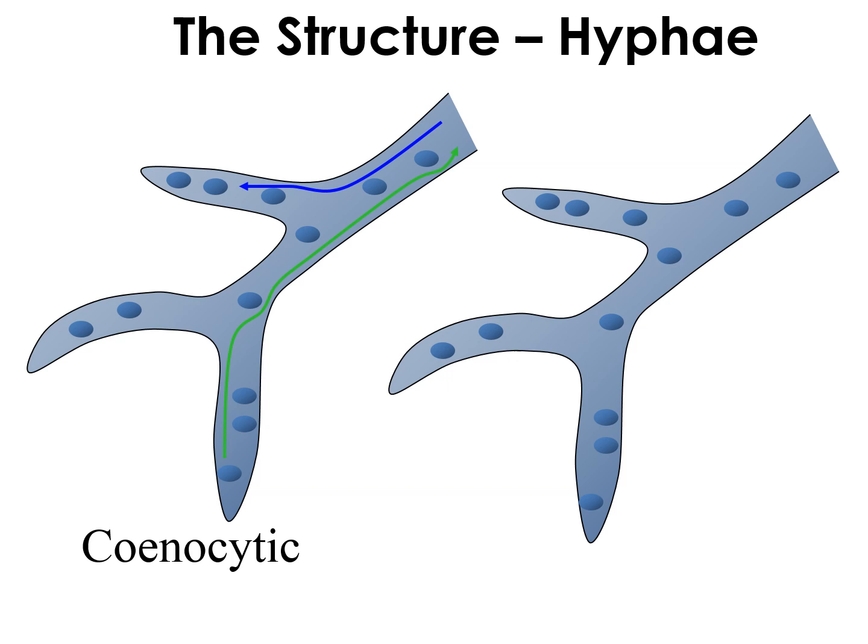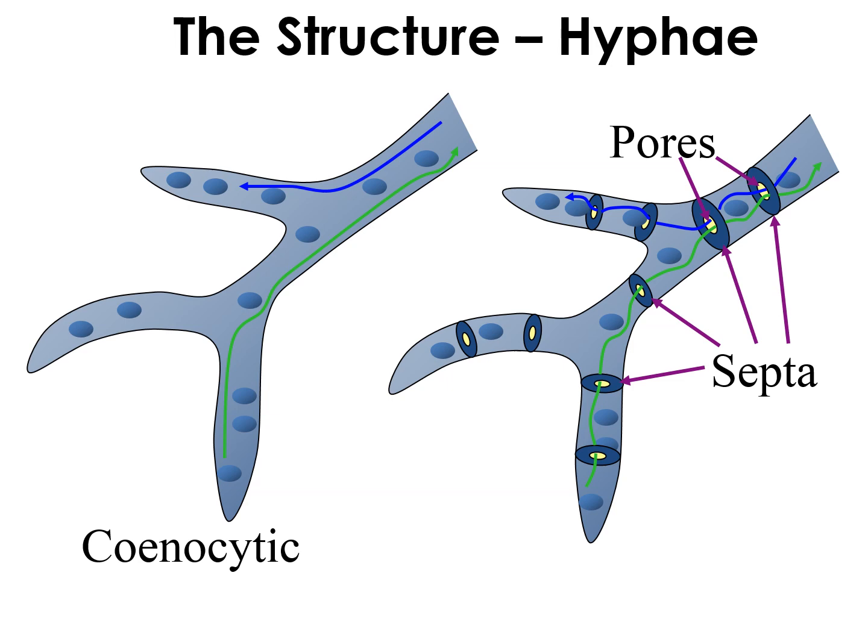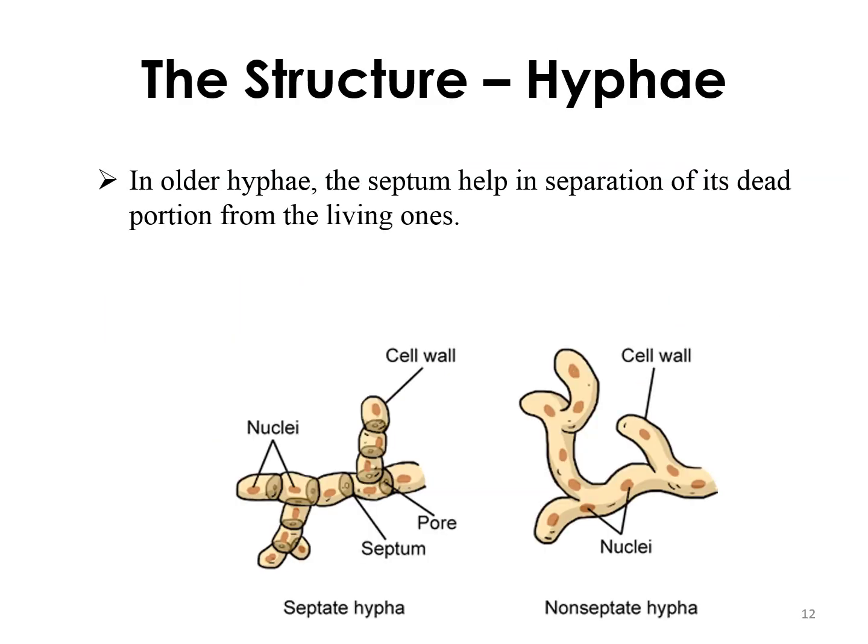Instead, they are formed by a large cell containing many nuclei, an arrangement described as coenocytic hyphae, meaning hyphae containing many nuclei. Remember, in older hyphae, the septum helps in separation of its dead portion from the living one.